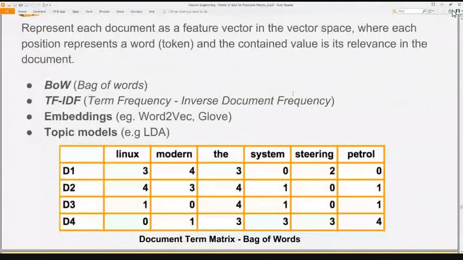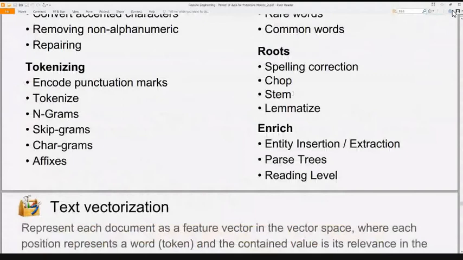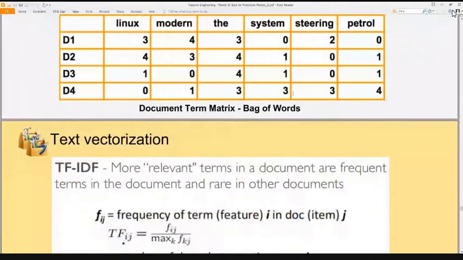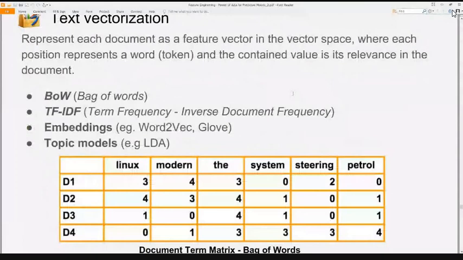So, having done those issues, we can then go for text vectorization. What text vectorization simply means is assigning numeric values to text. So we have bag of words, which assigns unique values arbitrarily.